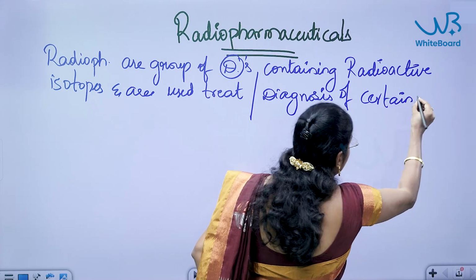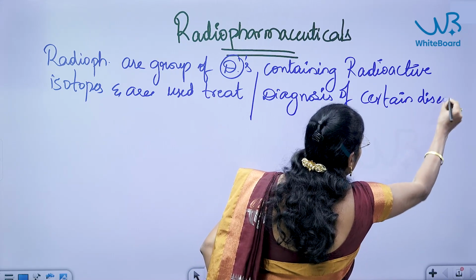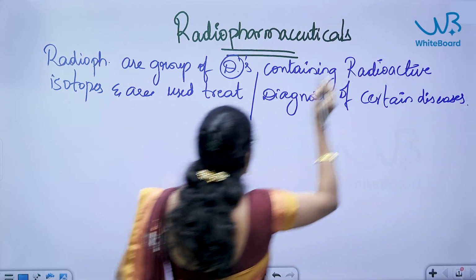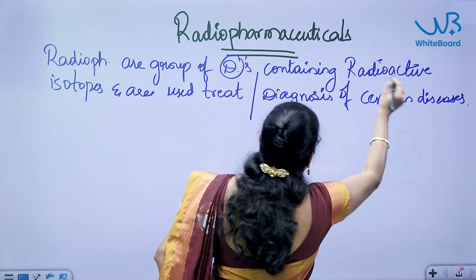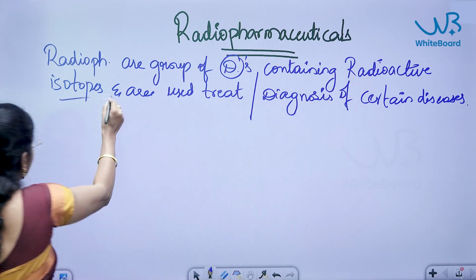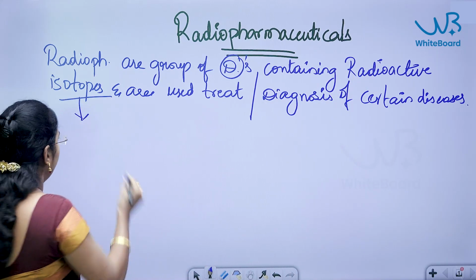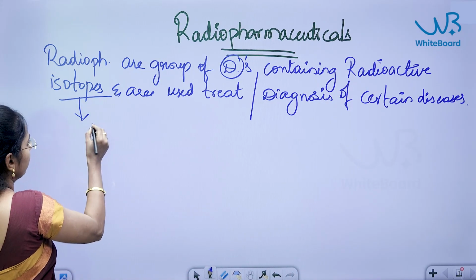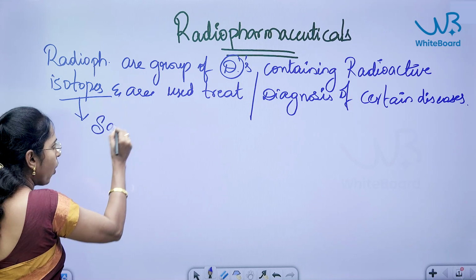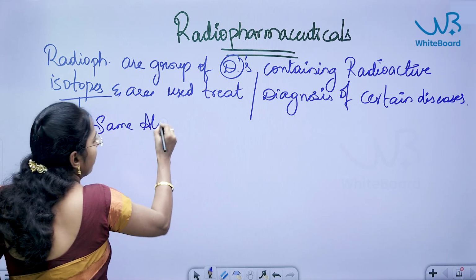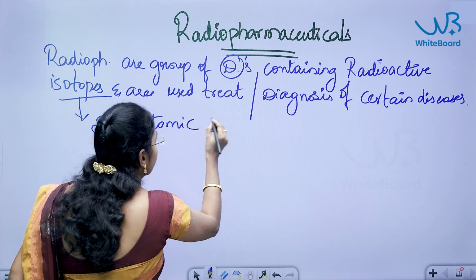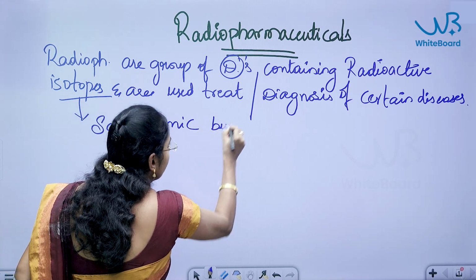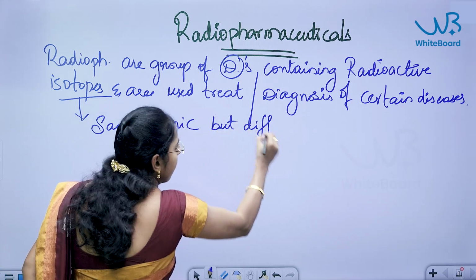First of all, what are these isotopes? Isotopes are the elements having the same atomic number but different mass number.